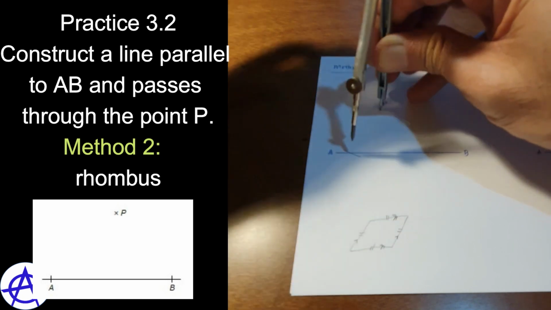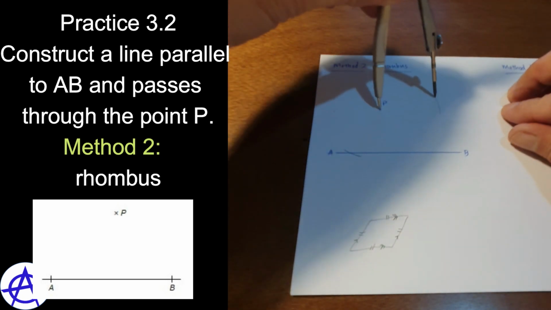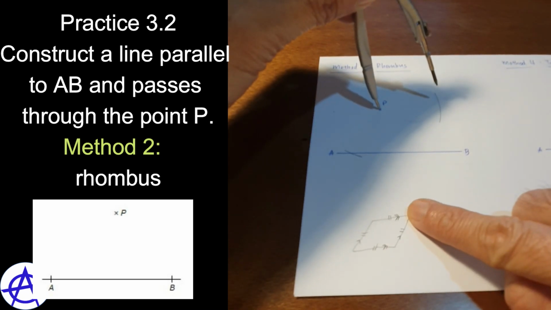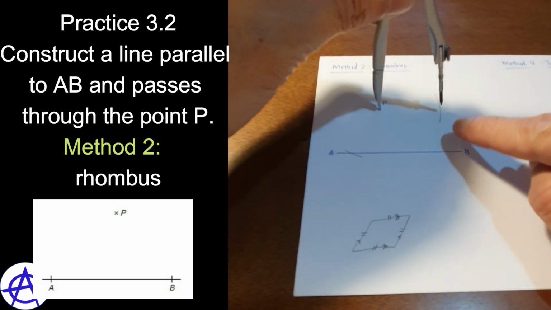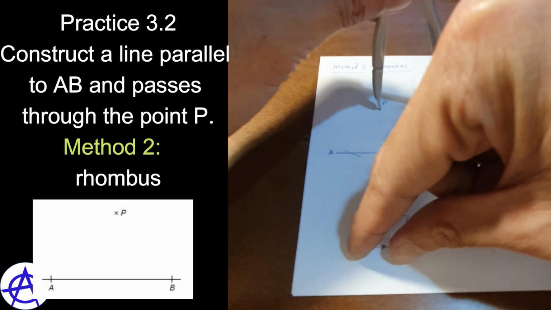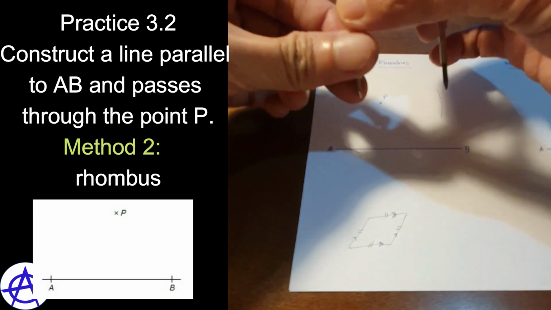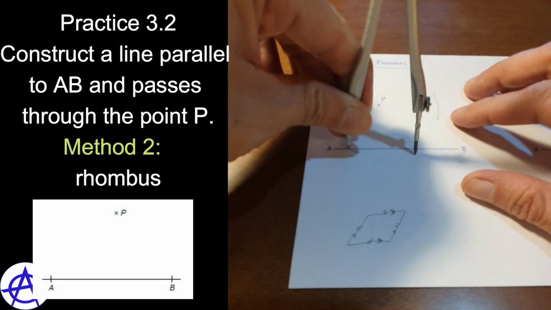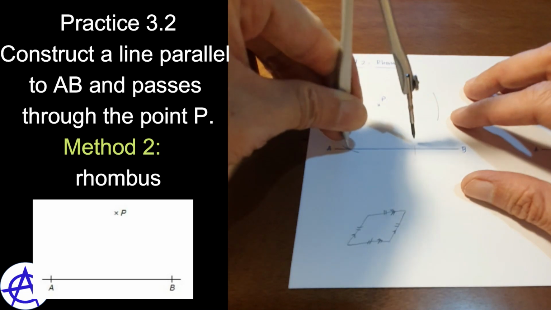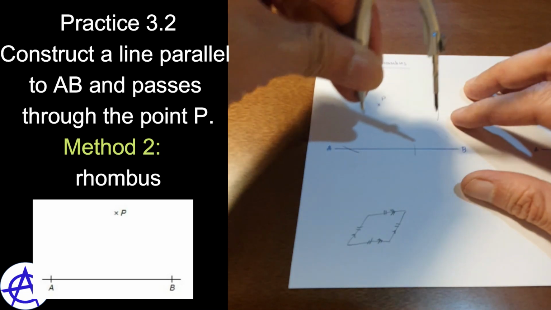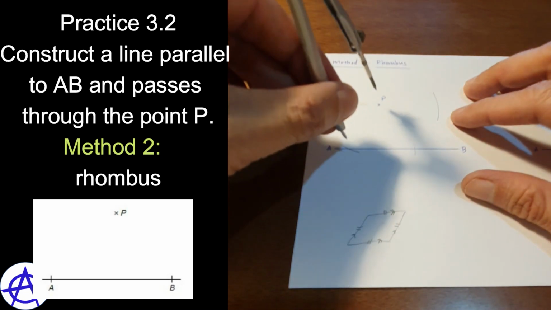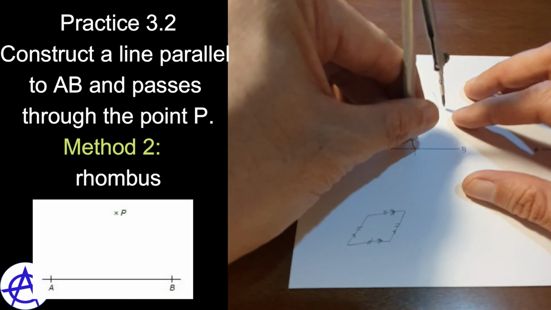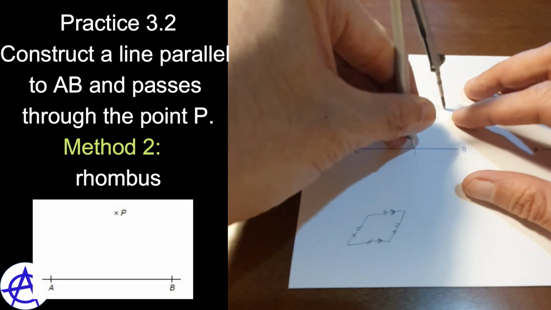Then after that, I get this point. Now this distance and this distance are the same. So I move over here and then I cut. The distance is the same. Then this distance and this distance are also the same, not changing the length of the compass. So here I make a cut again.